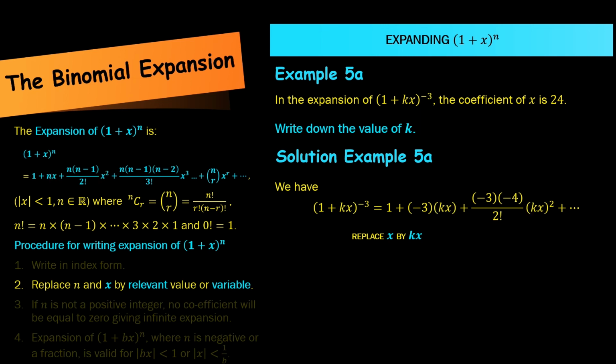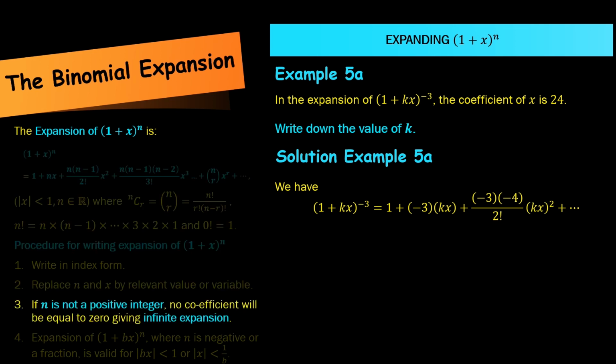Now, since n is not a positive integer, it's equal to minus 3, we have that no coefficient is going to be equal to 0, and this is why our infinite expansion is valid. We can now tidy up our expression.